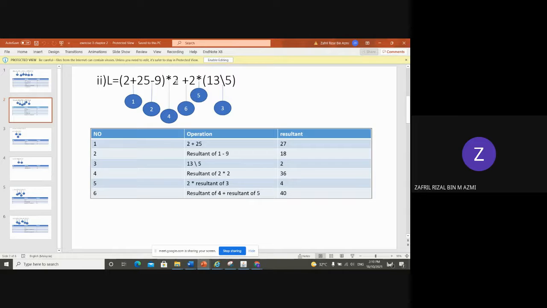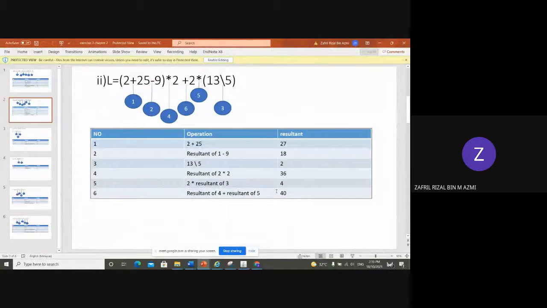Because we have 2 multiplications, we solve the most left operator if they are at a similar level. So the left one is this one, process number 4, then the resultant of 2, correct, and then we solve this one, and this is the final operation, number 6. So you get the correct answer.